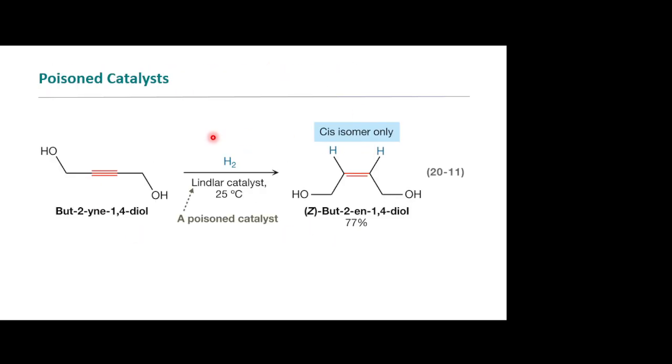Does anybody know why we only get the cis isomer? For hydrogenation. That's not about stability, actually, in this case. It's not really a kinetics or stability thing in this case. Location. Yes, but location of what? Nobody remembers this one?